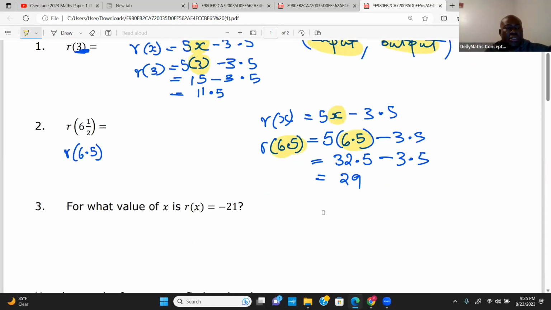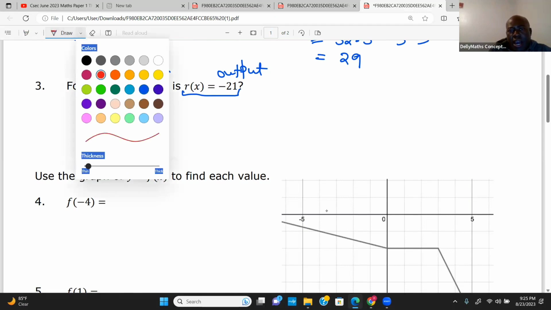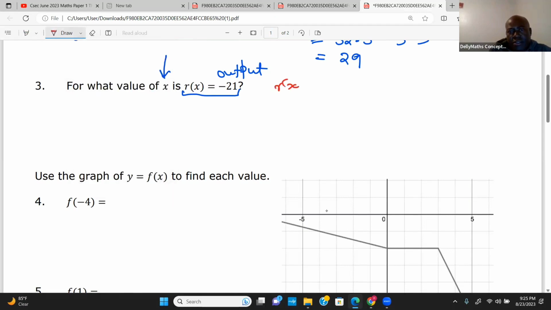Let us see what we're dealing with now for question 3. For question 3, it says, for what value of x is r of x equal to negative 21? Basically, this is an output value, and we're in search of x. So let us start off by writing the r function. r of x is equal to 5x minus 3.5.